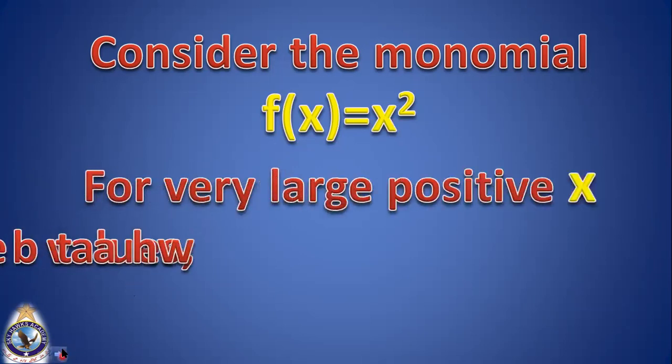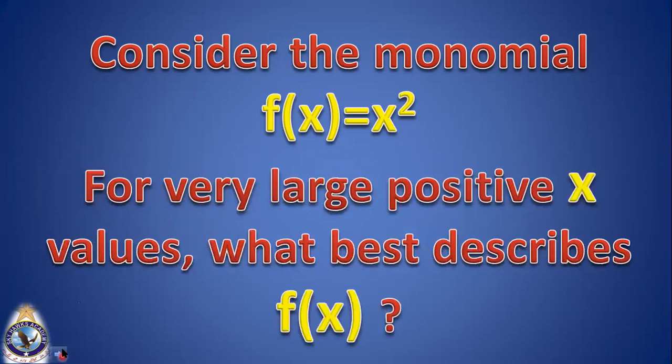So look at this. For every large positive x value, what best describes f(x)? The question is for you, so you can answer, you can guess, you can respond to this.